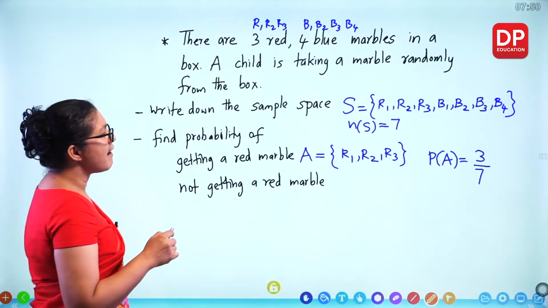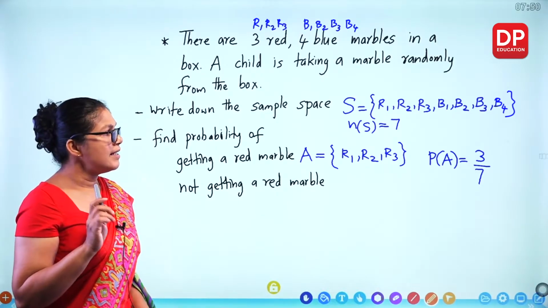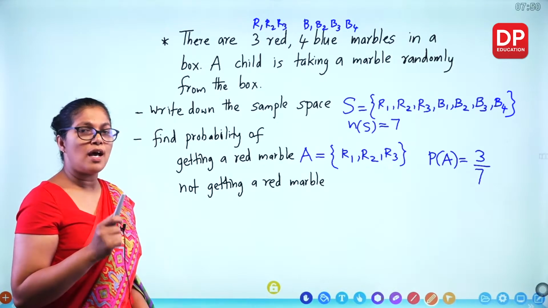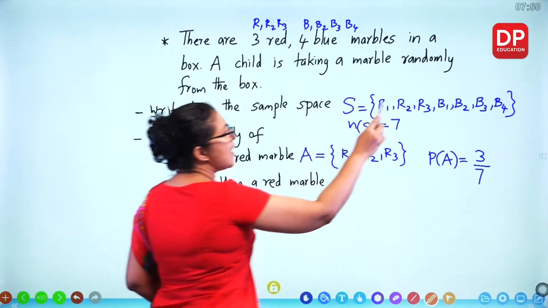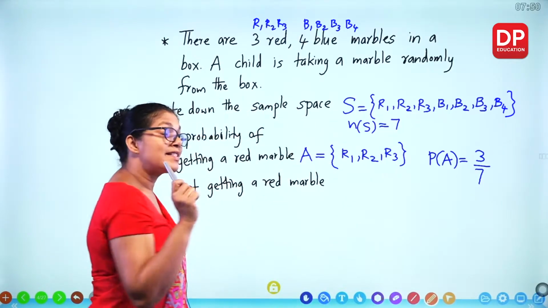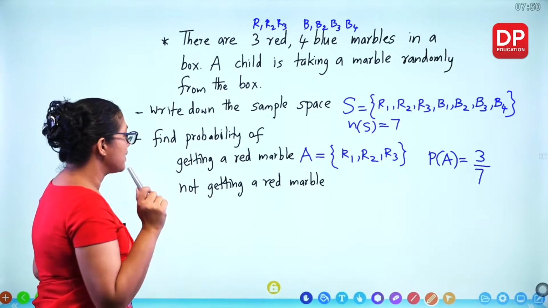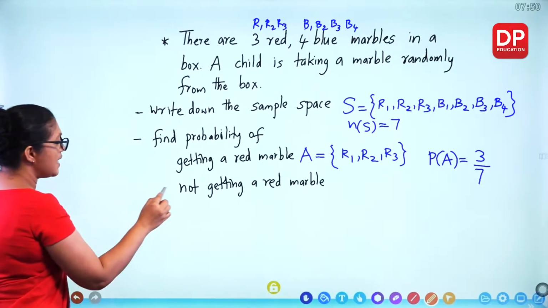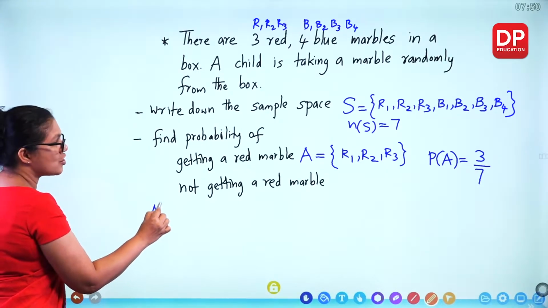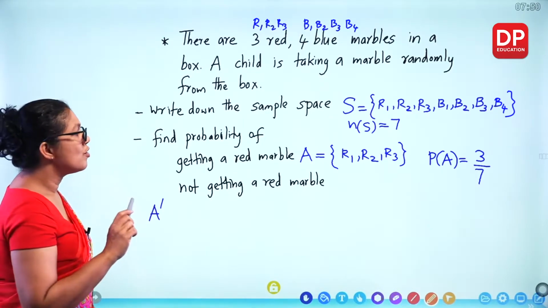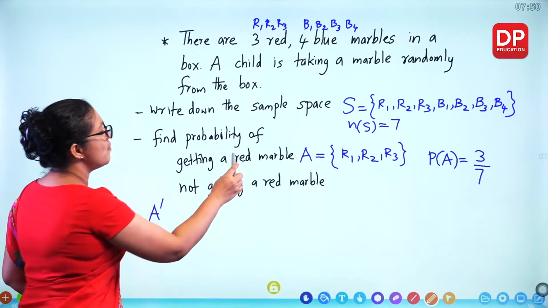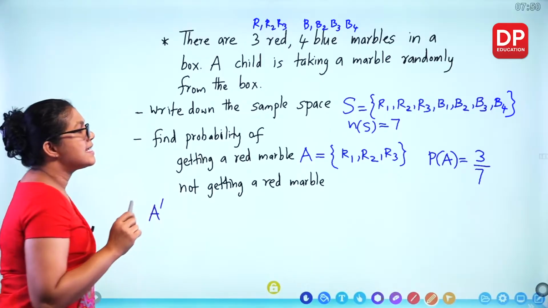Now look at this one, not getting a red marble. You can either count how many other colored marbles, or what's the other method? Can you remember? The complement. If A is an event, A dash is the complement. So not a red one is A dash.